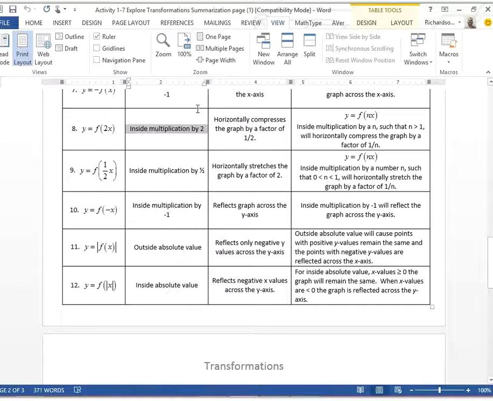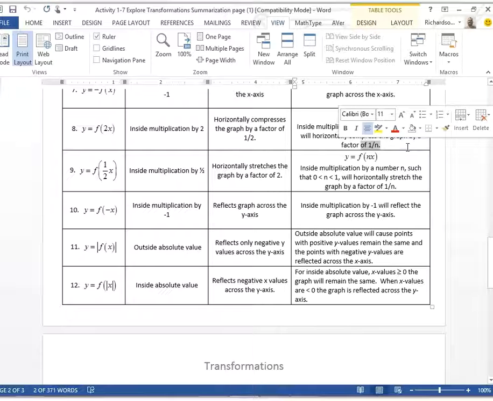And inside multiplication is going to give you a horizontal compression or stretch. In this case, it's going to be a compression because the inside multiplication is by a number that is greater than 1. And when that is the case, then you get a compression by a factor of 1 divided by that number. In this case, that's a 2.